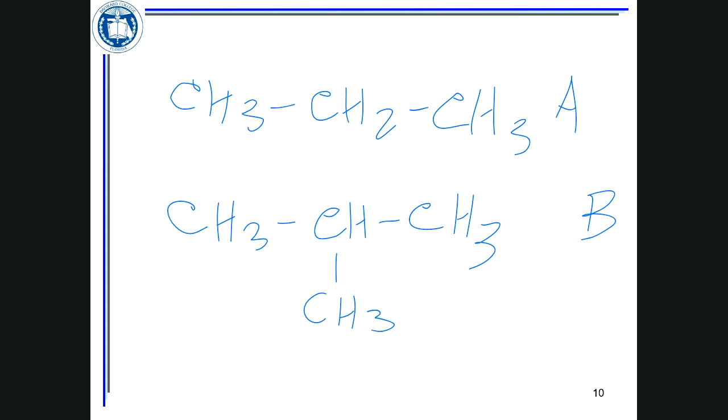If I start numbering, I can go from left to right or right to left. For this molecule it is not going to make a difference, but in general you have to number from the side that is closer to the branch. Since this branch is in the middle, it doesn't matter. So it's going to be 1, 2, 3.